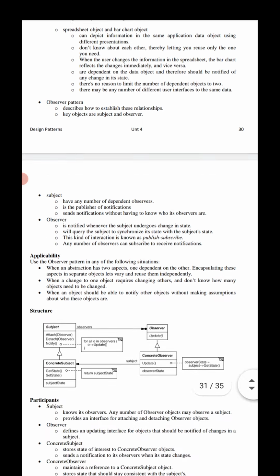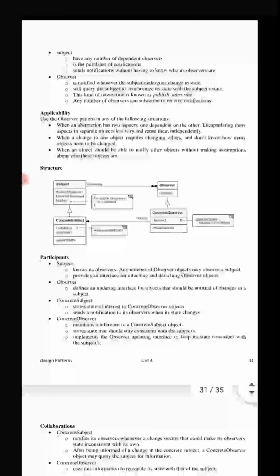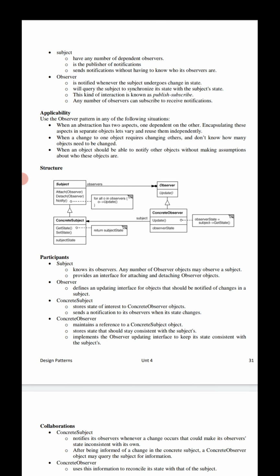Let us see the applicability: we use the observer design pattern in the following situations. Here are three applicabilities. First, when an abstraction, in the sense the process of hiding some details, has two aspects, one dependent on the other.